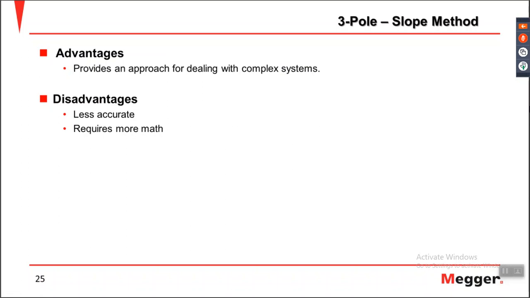The advantage of this method is it provides an approach for dealing with complex systems. So if you have a complex and large system, it's very good to use this method. The disadvantage, yes, is that this method still does not follow the IEEE standard. This is based on the experience of scientific people.